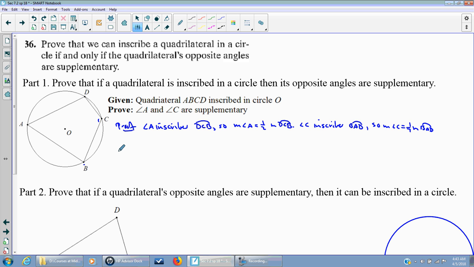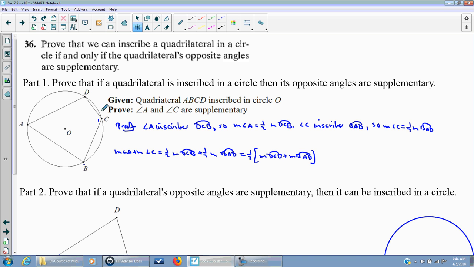Okay, so let's write these down here. The measure of angle A plus the measure of angle C is 1/2 the measure of arc DCB plus 1/2 the measure of arc BAD. It's 1/2 the sum of these two arcs, the measure of DCB plus the measure of arc BAD.